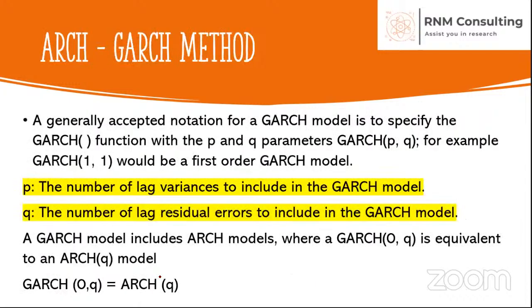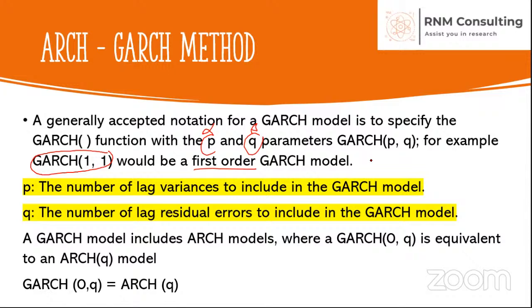Also, you have heard about the ARCH and GARCH, usually they will put this like GARCH(1,1). So the generally accepted notation for the GARCH model is to specify the GARCH function with p and q. This is also like alpha and beta. For example, GARCH(1,1) is the first order.